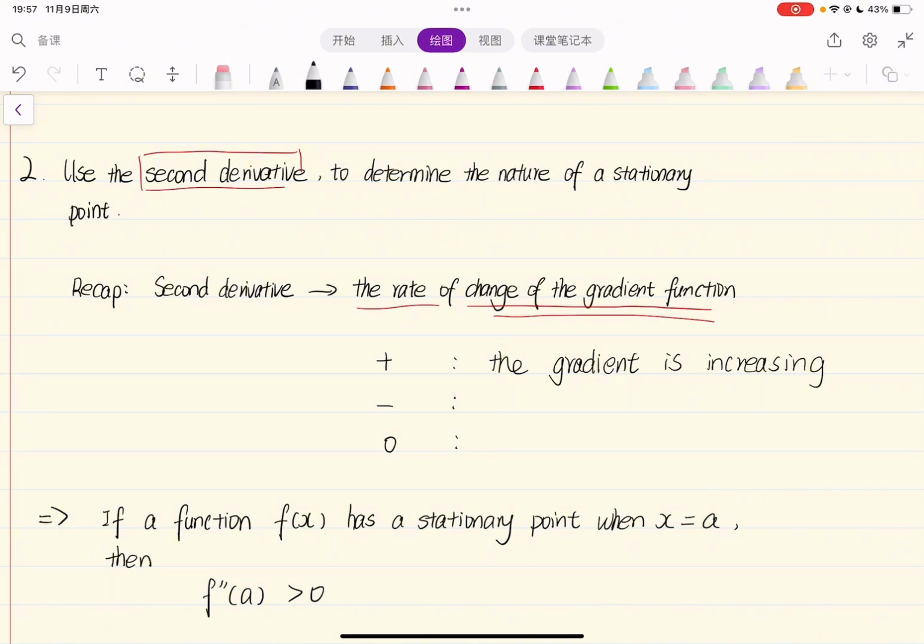If the second derivative is negative, the gradient is decreasing. And if it is 0, the gradient is constant, no change.